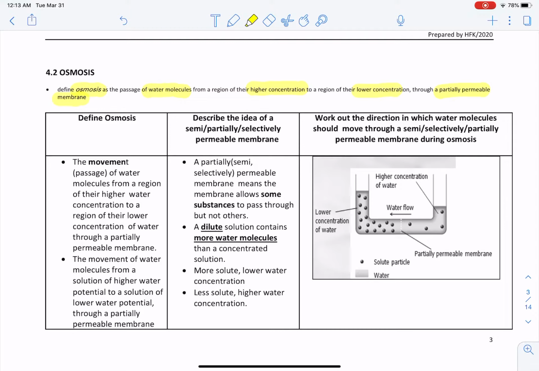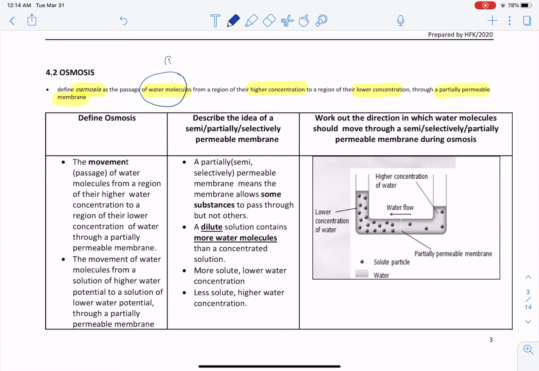Now, do you see the difference there? When we talk about diffusion, it's the movement of any molecules, but still from higher to lower, still requires a concentration gradient. But it doesn't need a partially permeable membrane. But in the case of osmosis, it needs a partially permeable membrane. So if you look at here, the difference is water molecules.